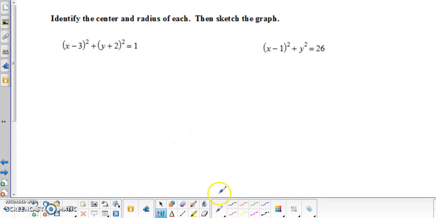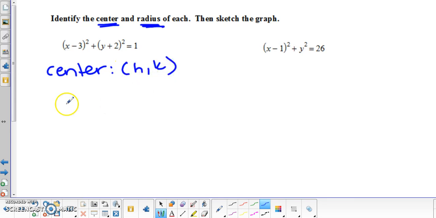Alright, so now to do this one right here, these are the really easy ones, but I think you guys underestimated them and were making some really simple mistakes on your last quiz. All this is telling me is to identify my center and my radius, where my center is h, k and my radius is r.